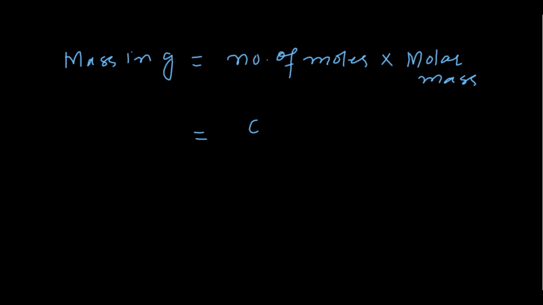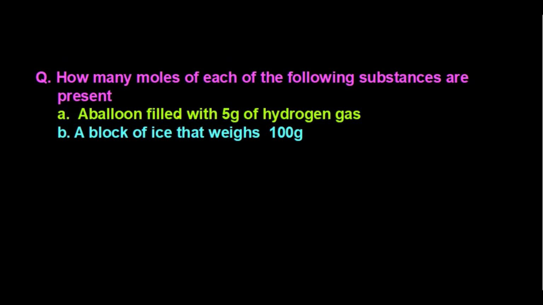We are given 0.25 moles of carbon dioxide and the molar mass of carbon dioxide is 44 gram. So 0.25 multiplied by 44 is equal to 11 gram. This is the mass in gram of carbon dioxide. Mass in grams of 0.25 moles of carbon dioxide is 11 gram. I hope this question is clear.